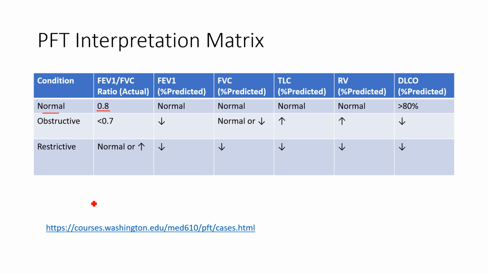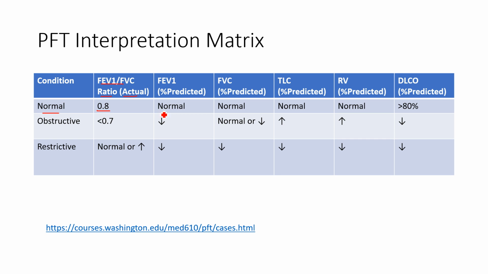We say the lower limit is 0.7. The normal limit is 0.8. A normal FEV1 FVC ratio, again, we're looking at the actual ratio, is 0.8, because FEV1 should be about 80% of FVC. So there, it should be 0.8.